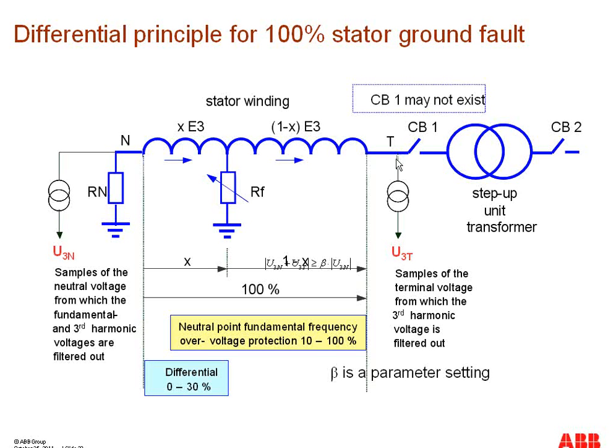If the fault is close to the neutral point, then U3N will reduce or go to 0 in fact, and U3T will increase. So both of these criteria are used to detect the ground faults, and this is important for this 100% stator ground fault protection.